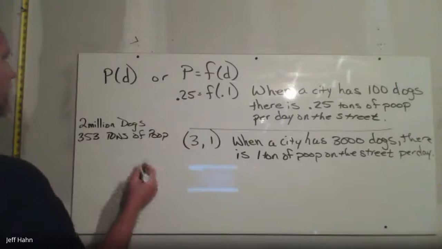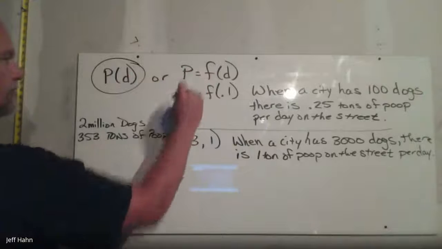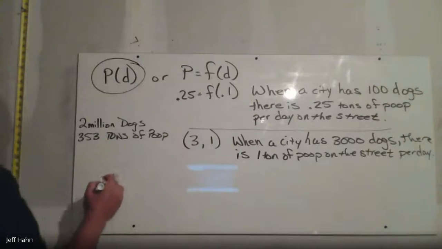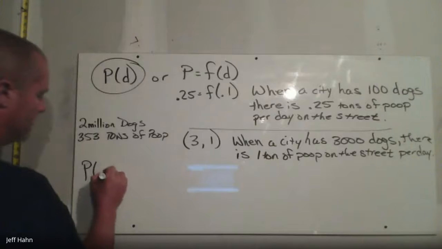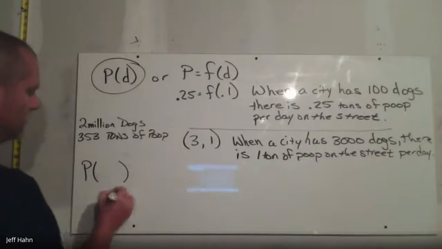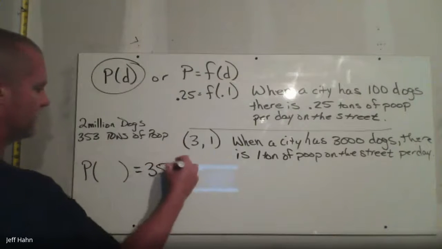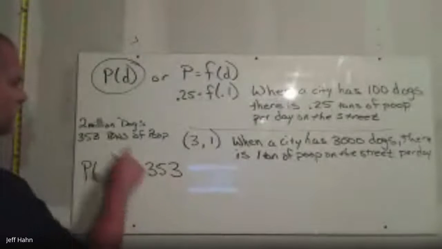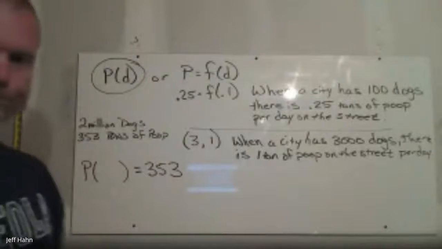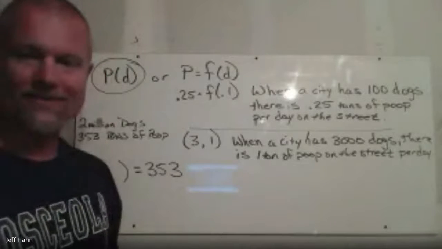So I think I'm pretty good with this. I'm going to use this notation. If you want, you could have used this one, but I'm going to use P of, I'm going to leave that blank for now because we got to do a little work with the input. P of D equals 353 because this is the poop over here. Poop is 353, and now I need 2 million. But that has to be in thousands of dogs.